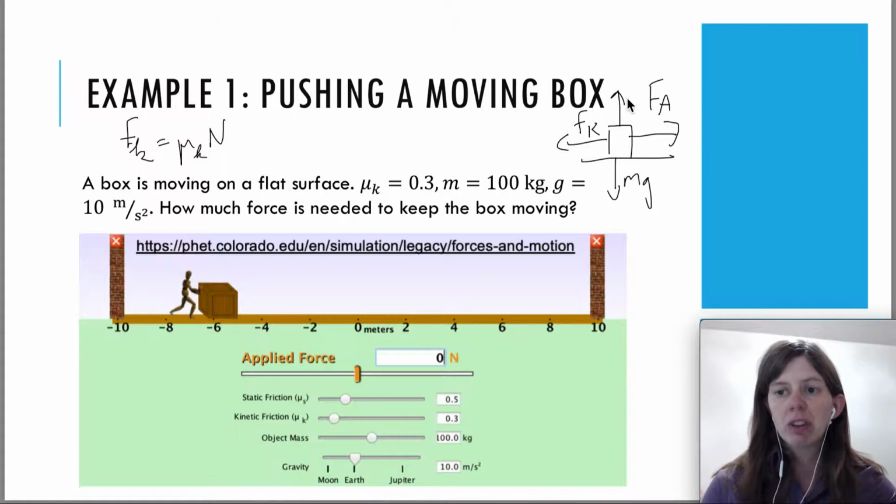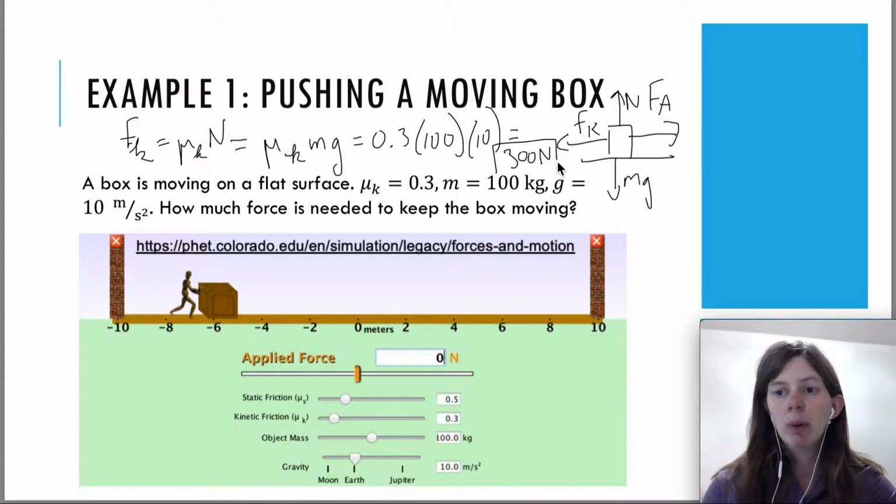So the normal force is equal to the weight. There are no other vertical forces. So we can write mu k mg, and then we multiply 0.3 times 100 times 10, and we'll get 300 newtons.